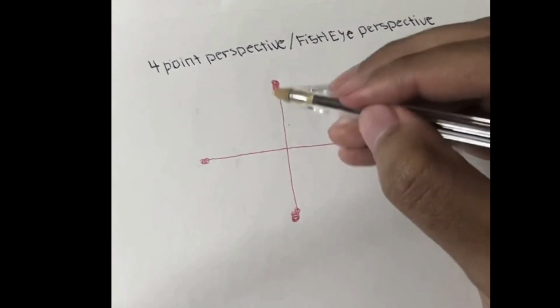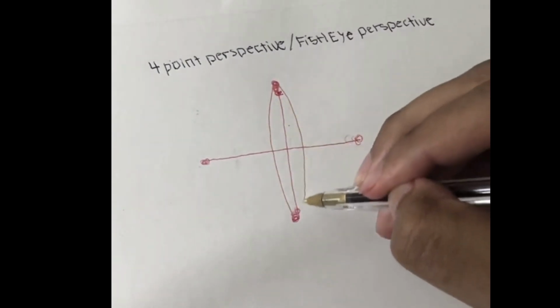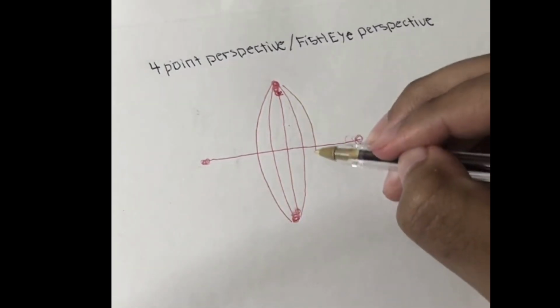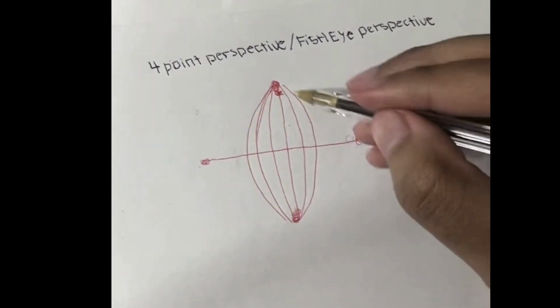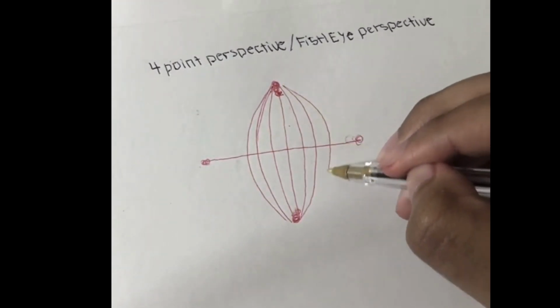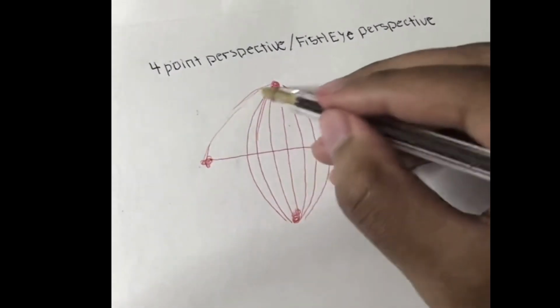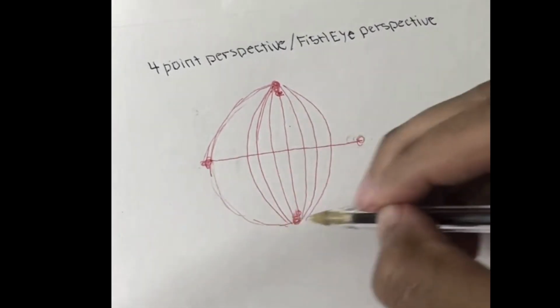Then what you want to do is make round curves, so you just repeat what I'm doing right now. Or you could start off with a circle. You could create the circle first, right?